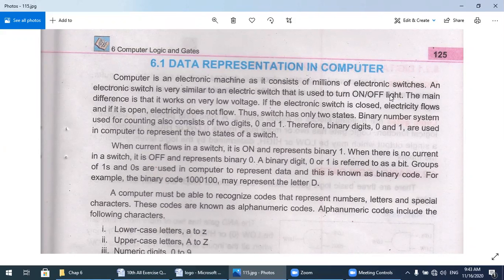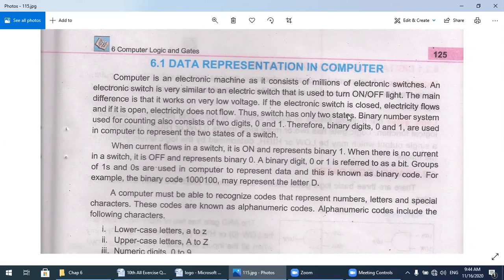When you put on the light, it means that 1 represents on and 0 represents off. The main difference is that it works on very low voltage. If the electronic switch is closed, electricity flows, and if it's open, electricity does not flow.